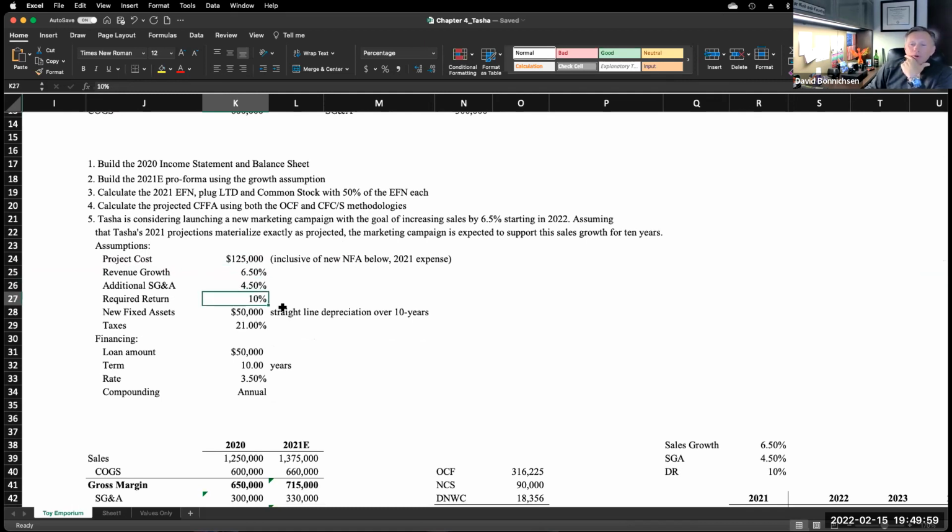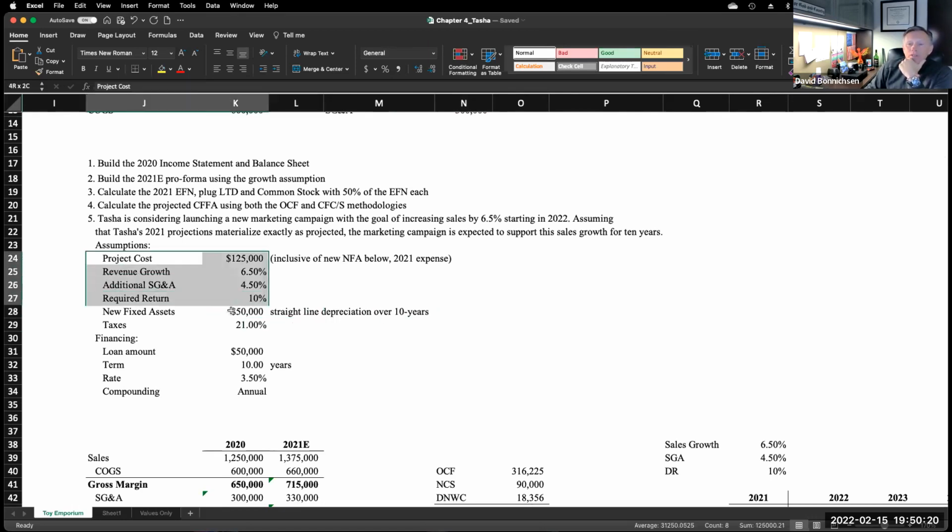Our required rate of return is 10%. We're going to have to purchase some fixed assets for $50,000. And we're told that it's going to depreciate straight line over 10 years. And we're given our tax rate of 21%.